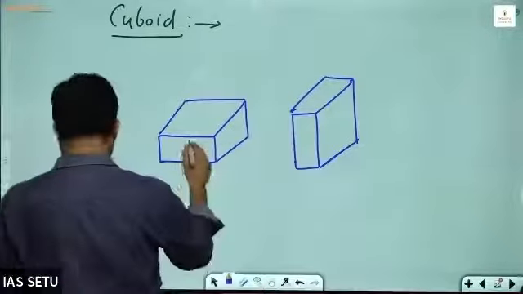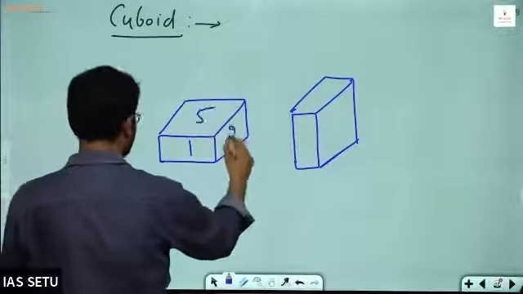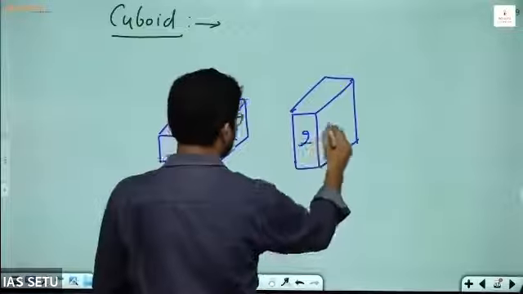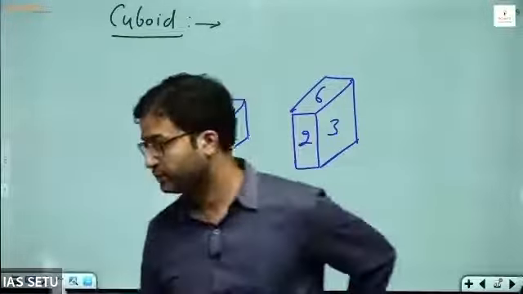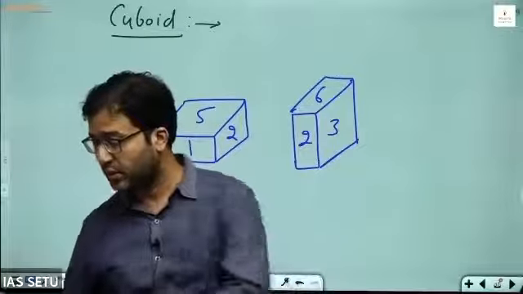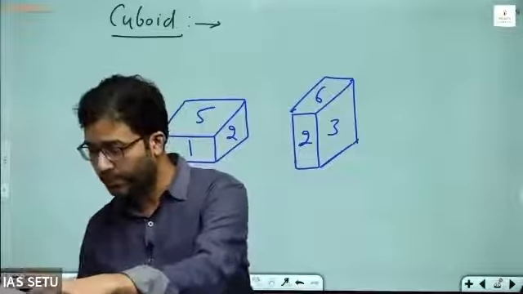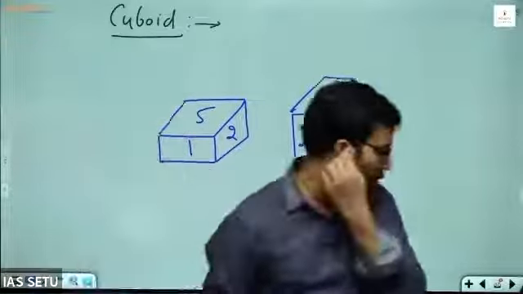Here we have 1 dot, here we have 5 dots, here we have 2 dots. This is 2, 3, 6. So they have given a cuboid. They ask, if 3 will be on the top, what will be at the bottom? They ask the opposite of 3.